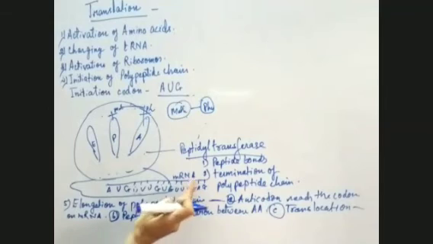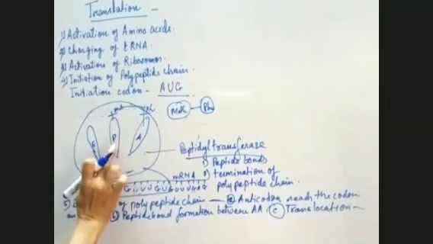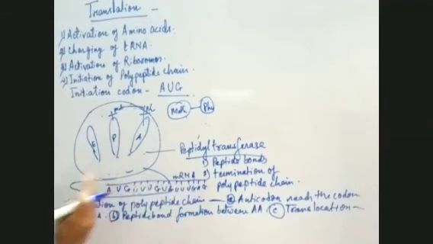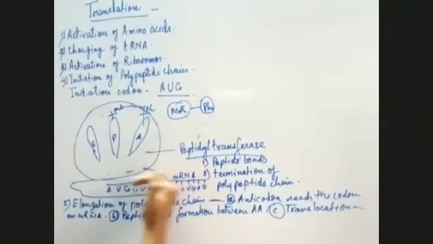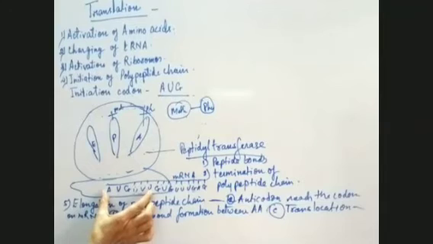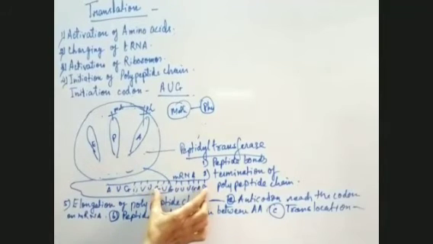Now for that, these should come here. Below this, they should be shifted here. These should come down the side. This should move along so that this goes on this side. These two which are already read shift this side, and these which are not read come into this side. So for that, what is required is translocation. Now, what is translocation? Translocation is the movement of ribosomes along messenger RNA.